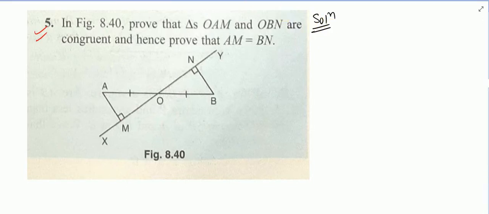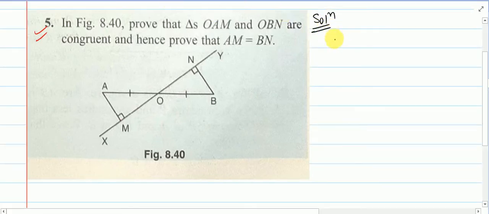Solution: given. Here in the figure, if you see AO with this cut, and here OB with this cut, that means AO is equal to OB. So we'll write given AO is equal to OB.